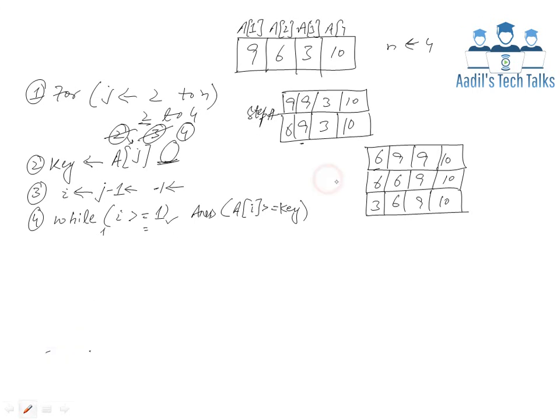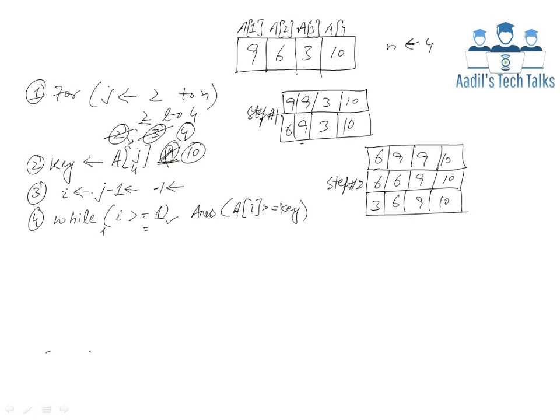So this was step number 2, it was step number 1. Now the value of j is incremented to 4. Key gets a[j], a[4]. On a[4] we have the value 10.